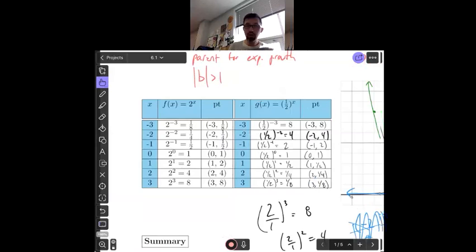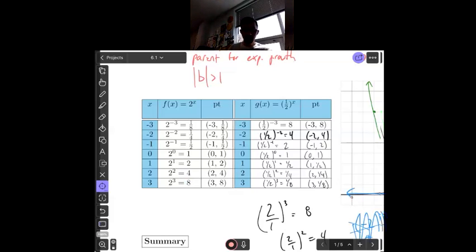So if we go back to the beginning, think about what happens over a change of 1 in x. I go from one x to the next one, the sequential one. That's going to be a consistent ratio of change. 1/8 times 2 was 1/4. 2 times 2 is 4. 4 times 2 is 8.